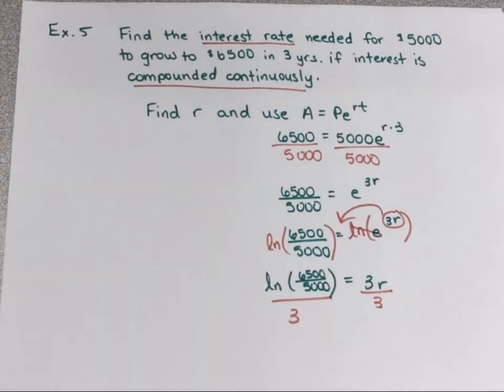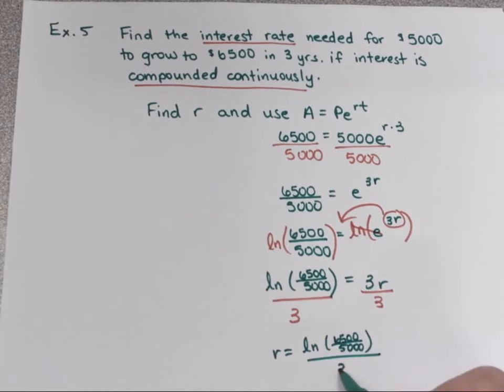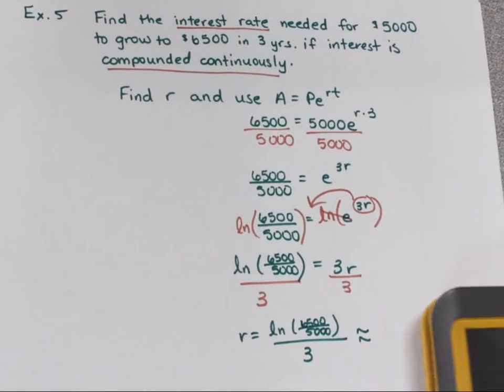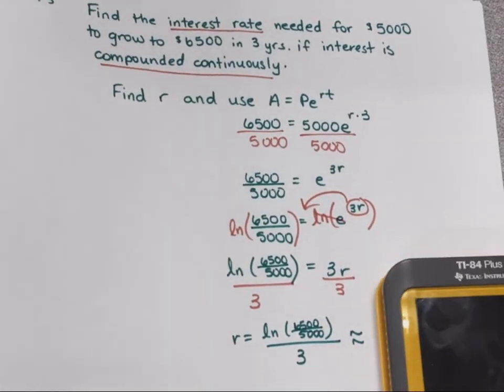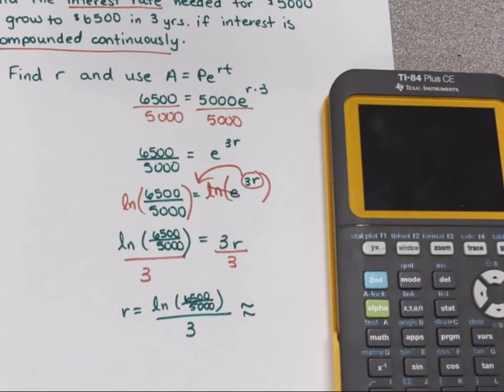So I end up getting the following equation for r. I get the natural log of 6,500 over 5,000, over 3. But I'm going to want to have that in some sort of decimal or percentage form. So make sure you're giving the answer as a decimal and then changing it to a percentage when it makes sense.